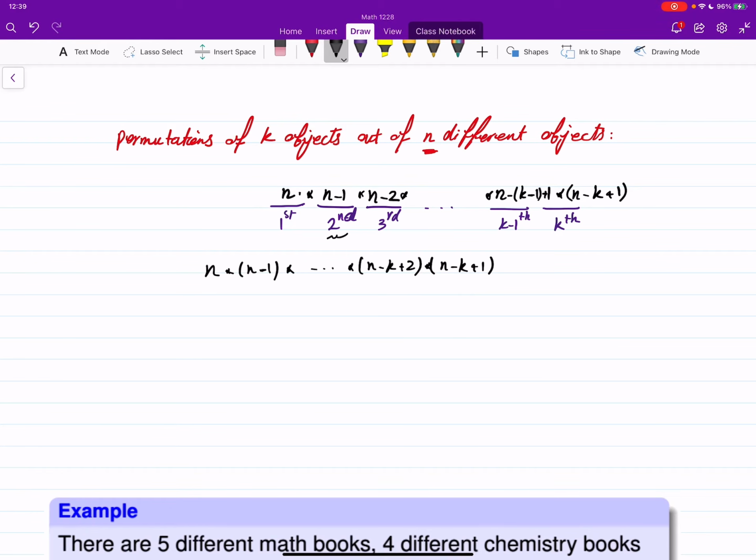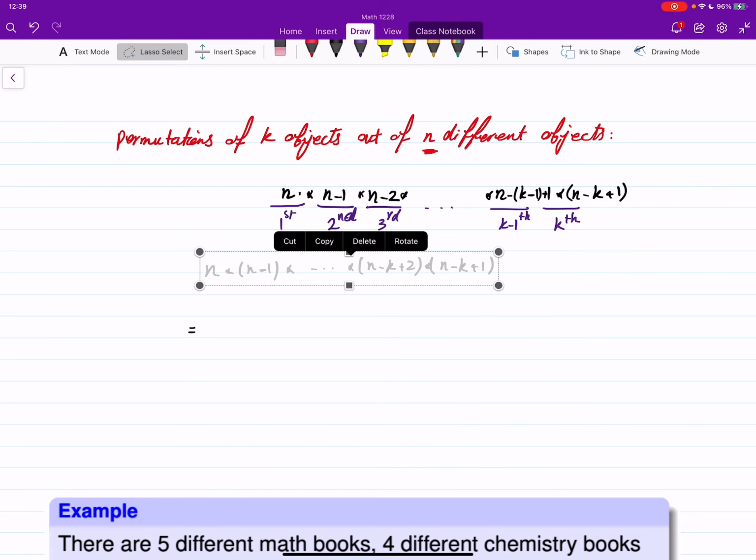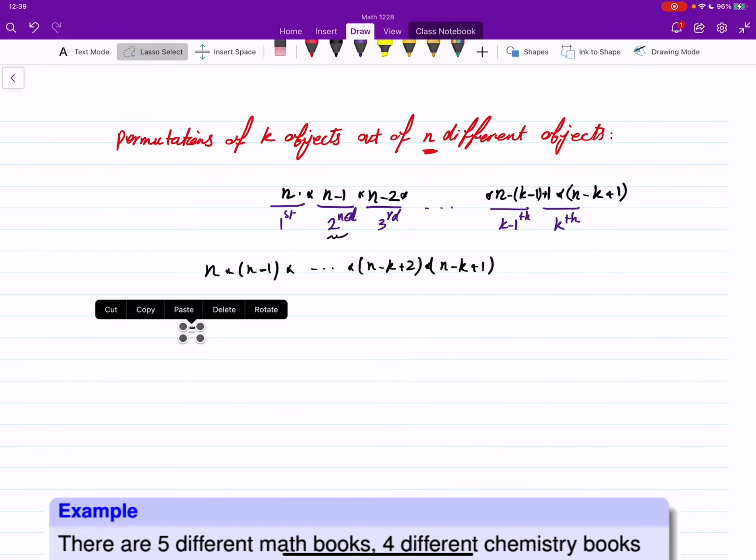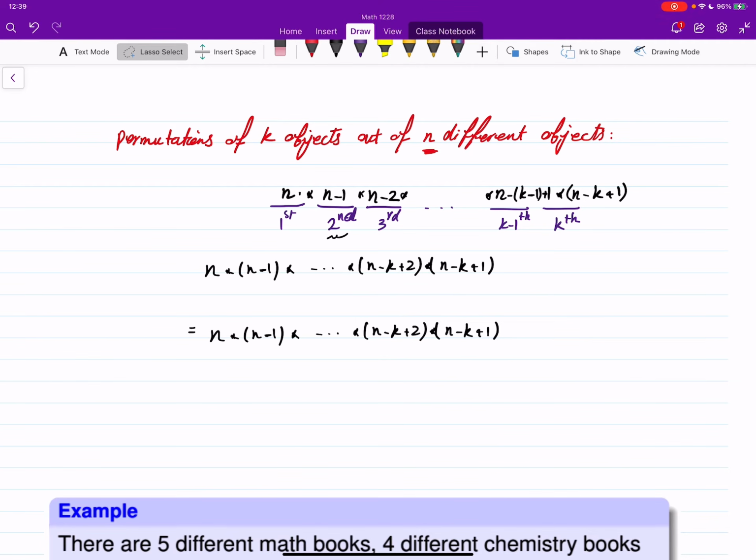So I take this whole product and then I continue multiplying the rest of this line up to the point that we get to 2, 1. What I added here was the product of n minus k down to 1. So I have to divide by the same number.